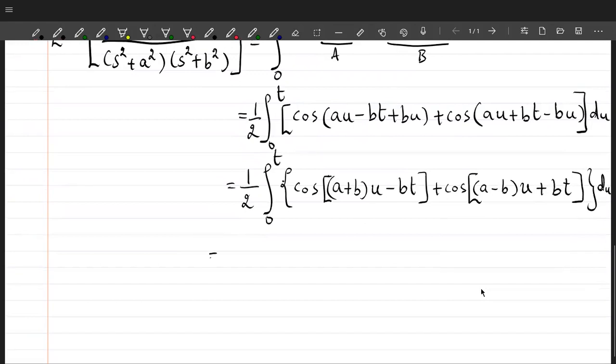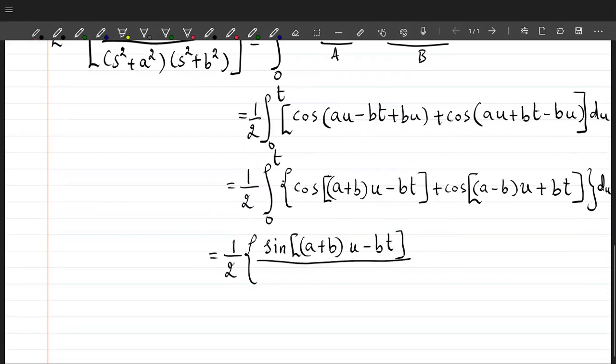So I get half into, now let me integrate both these terms of cosine with respect to variable U. So when you do that, cosine term integration will be sine term. So I get sine of A plus B into U minus BT divided by the coefficient of U, which is A plus B. And the next term is plus integration of cosine term again.